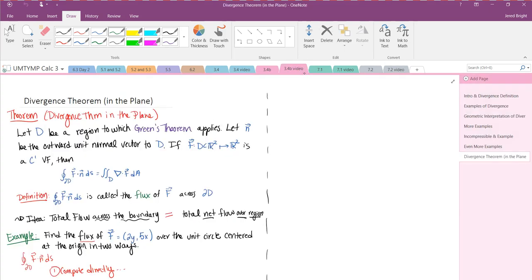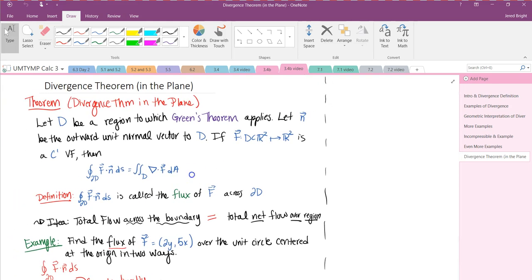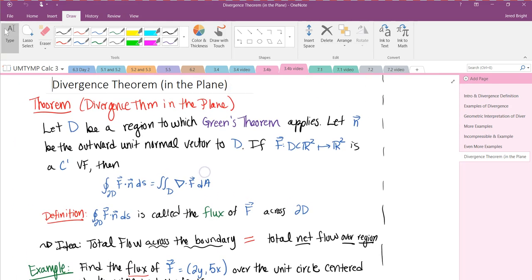In 3.4b, we were talking about the divergence theorem in the plane. Our context was that D is a region in which Green's theorem applies. We might need to remember those assumptions. N is the outward pointing unit normal vector to D, and then we had this closed integral over the boundary, and we defined this closed integral of F dot N as the flux of F across the boundary.